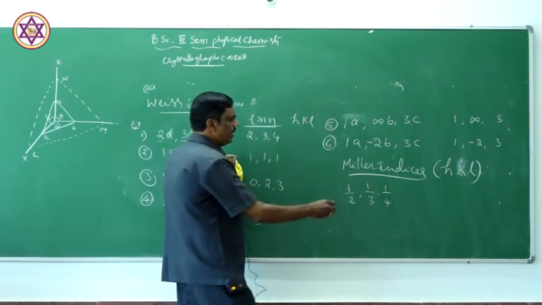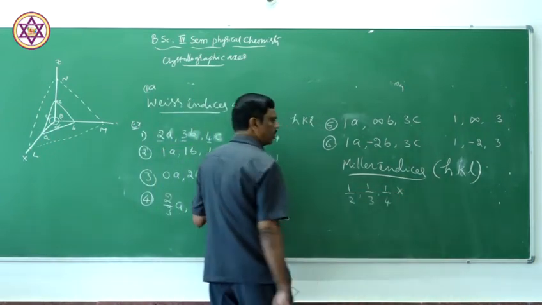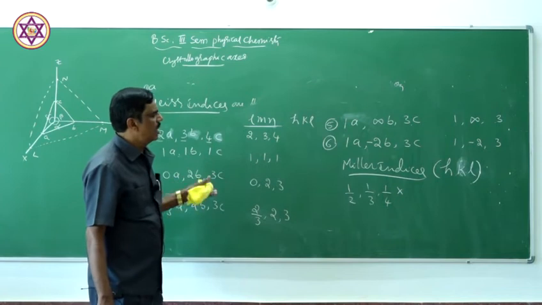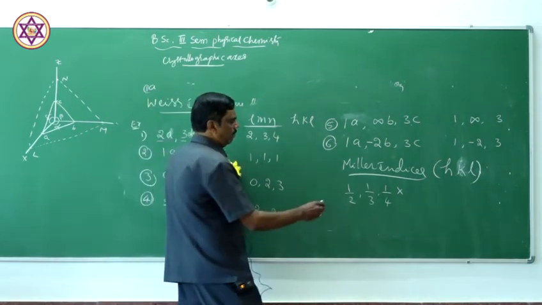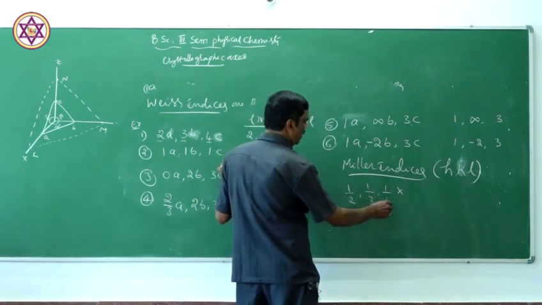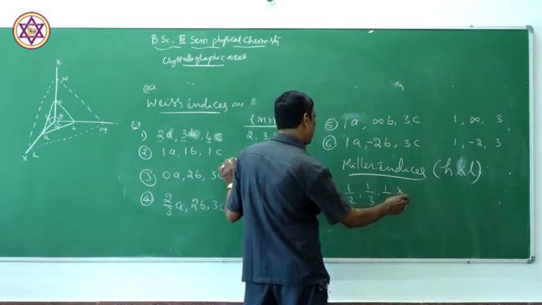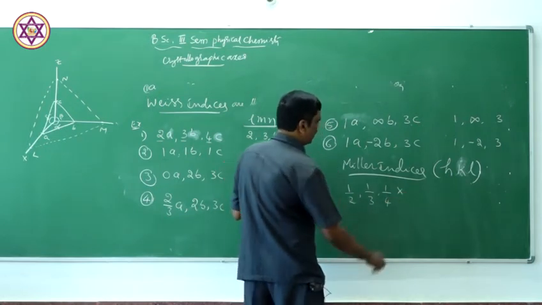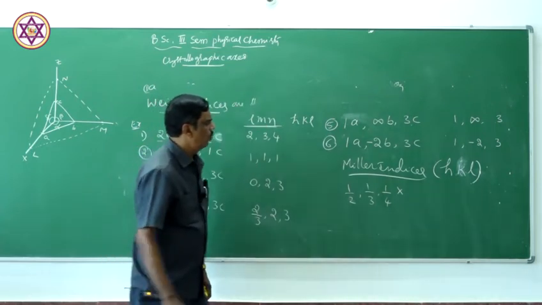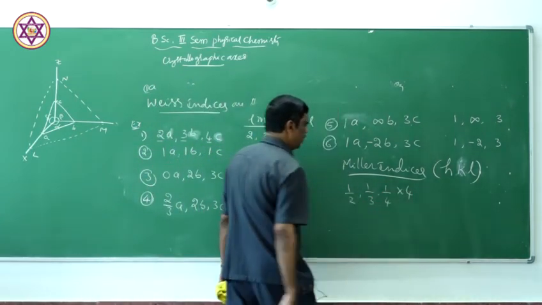You multiply this with a number so that you will get a whole number. You multiply this by 4.